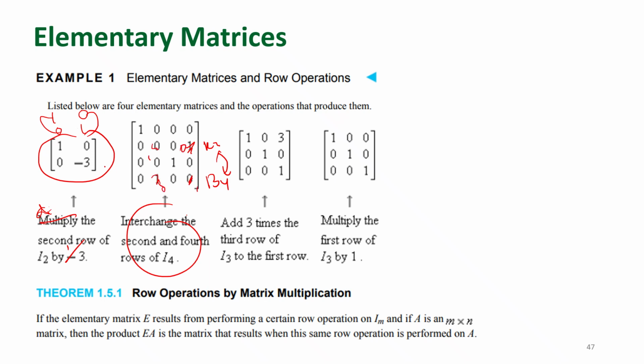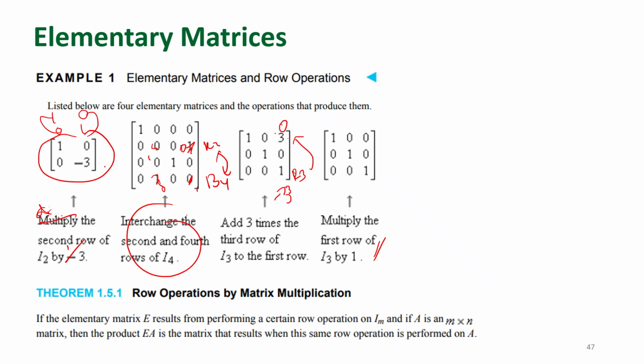Okay, and for this one, add 3 times the third row, row 3 multiplied by 3, to the first row. Okay, I think minus 3, so it becomes 1 0 0 0. Okay, and then this one multiplied by 1. Okay, it's already an elementary matrix.